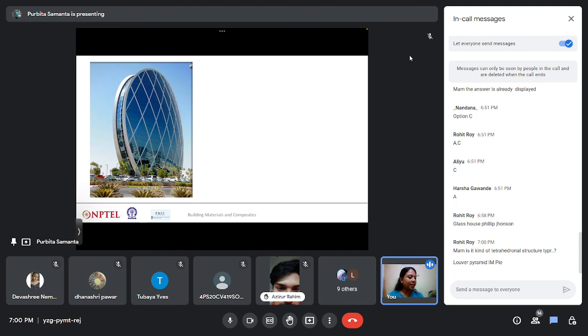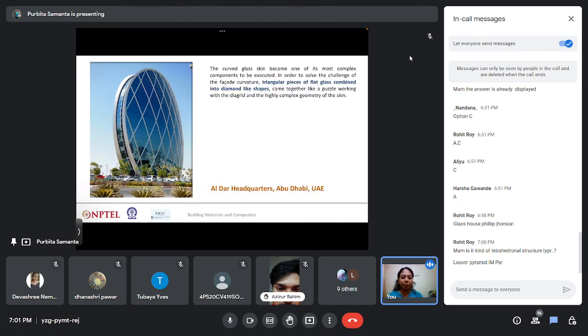This is the Al Dar headquarters in Abu Dhabi, UAE. If you look at this building, you might wonder whether curved glasses are used.